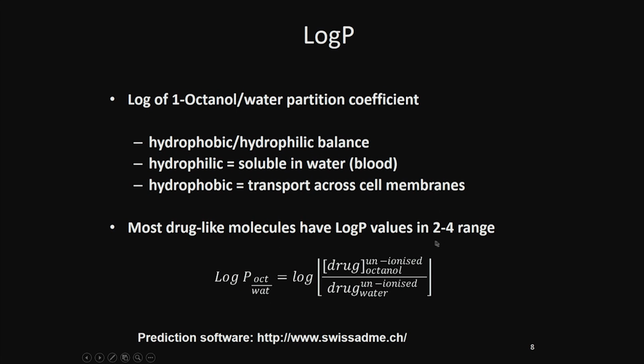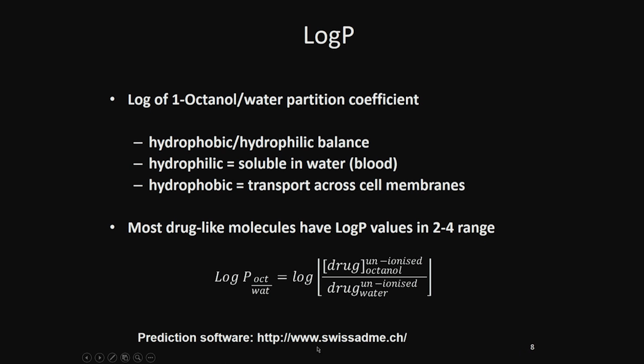So most drug-like molecules have a log P of 2 to 4. You take a balance: 2 is hydrophilic, 4 is hydrophobic, but it is neither too much of this nor too much of that. That is the beauty of it. So how do you estimate log P? You take the logarithm of the drug in octanol divided by the drug in water.